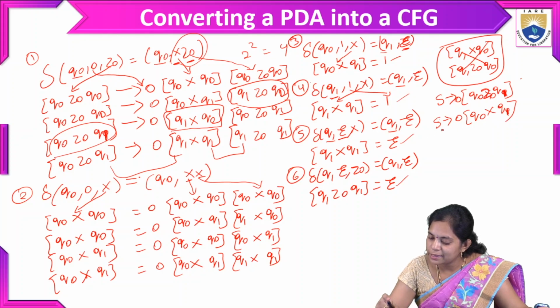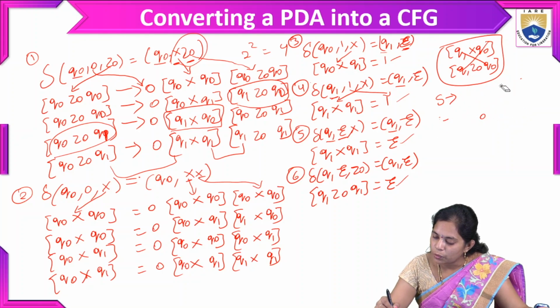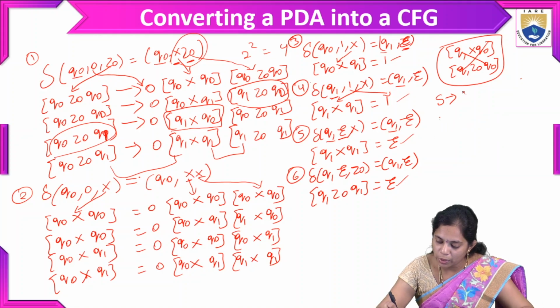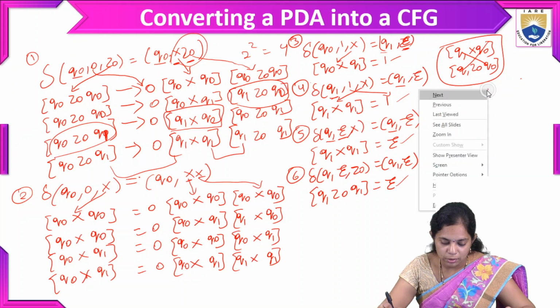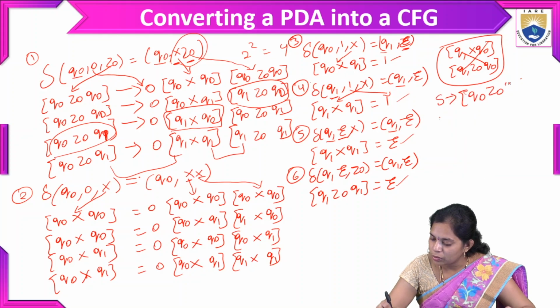So this is the first step we need to do. S tends to A. A is nothing but Z0 here. So S tends to A. Here A, we will take as Q0, Z0, Q1.